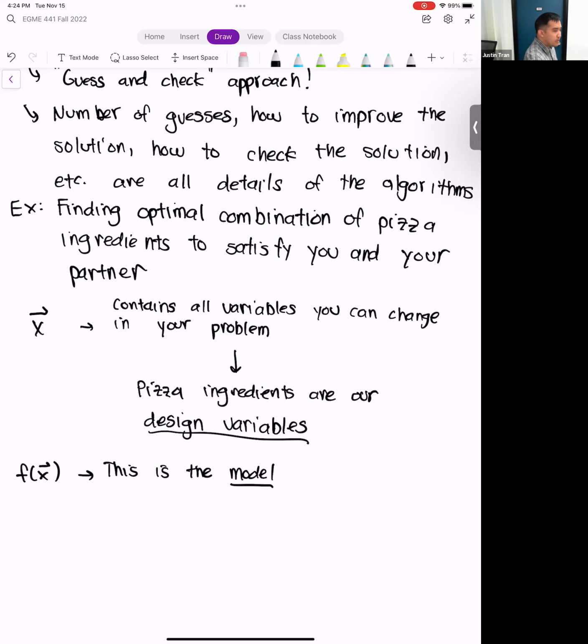But the model is basically a way for us to take a set of design variables, a set of candidate solutions, and assess or give it a score of how good that solution is.